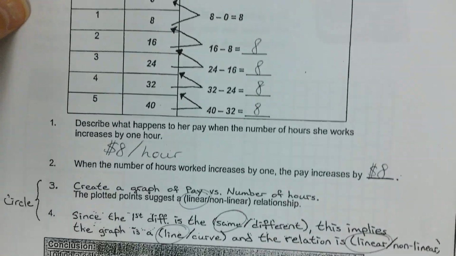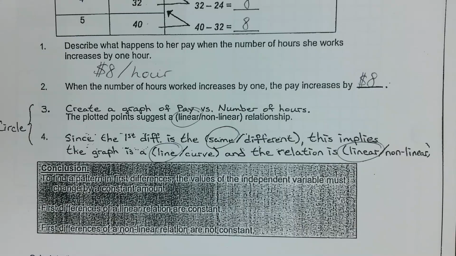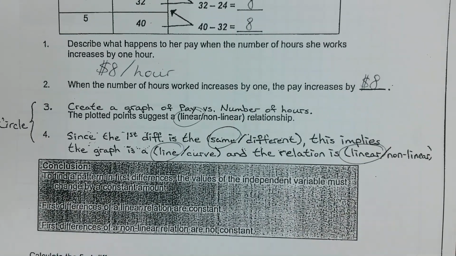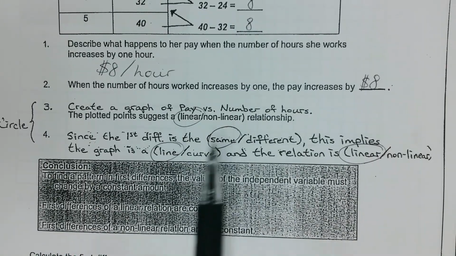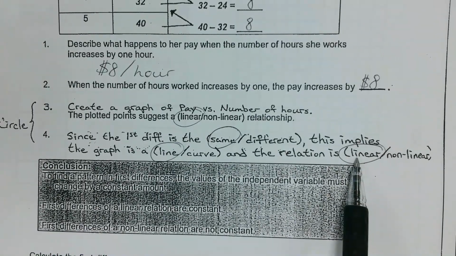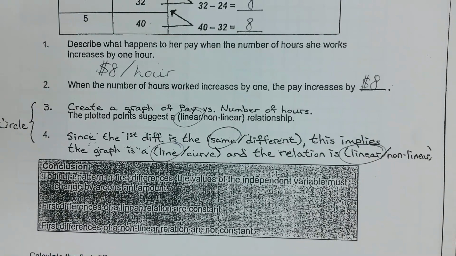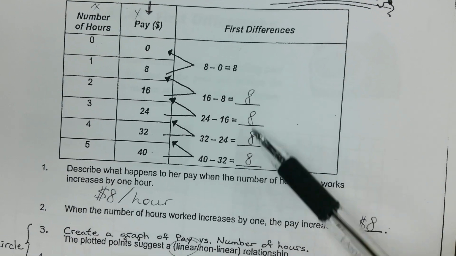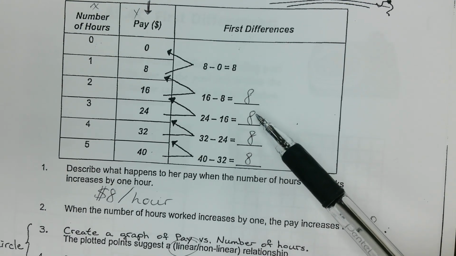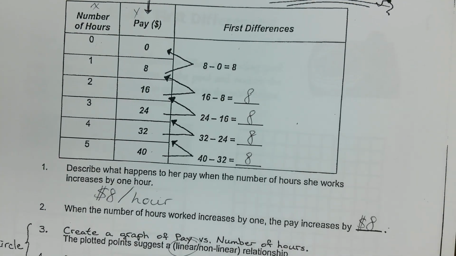Yeah, that's exactly what this lesson is about. Today's lesson is calculating first difference in the chart. If the first difference is the same, you know that is a line and the relation is linear. Okay? So vice versa. If any one of these numbers is different, then it means it's nonlinear.